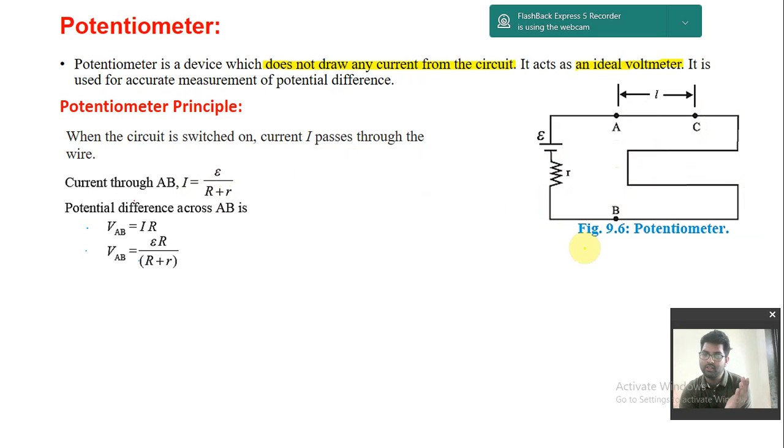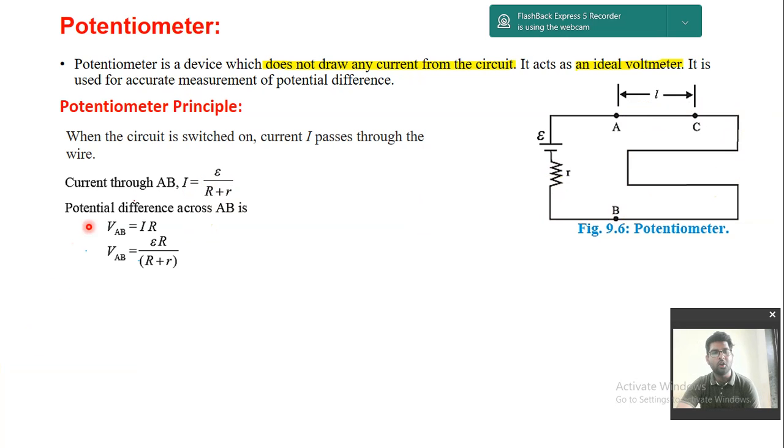Capital R will be the resistance of the wire. Because it is a resistive wire, it will have some resistance. R equals rho L upon a, we know, no? It has a length, a cross section and a resistivity. So R equals rho L upon a is applied here, and I equals E upon R plus r, because this is a small r and this is the capital R total. These are in series, so they are added. I equals E upon R plus r, coming from Ohm's law.